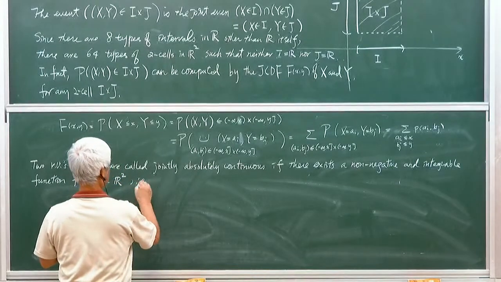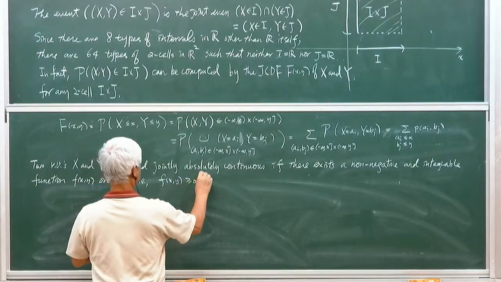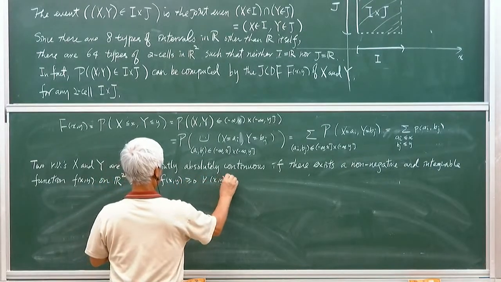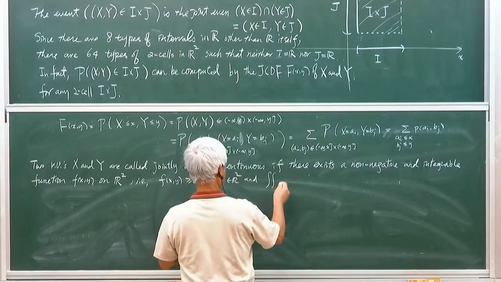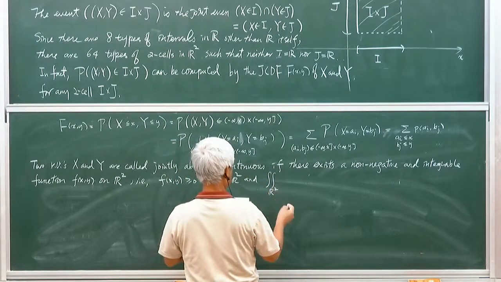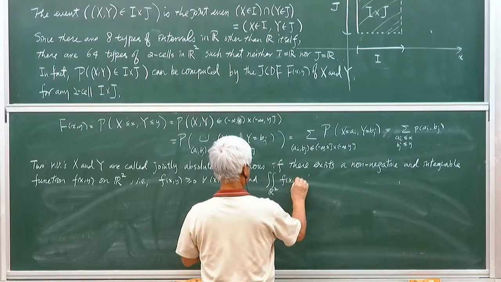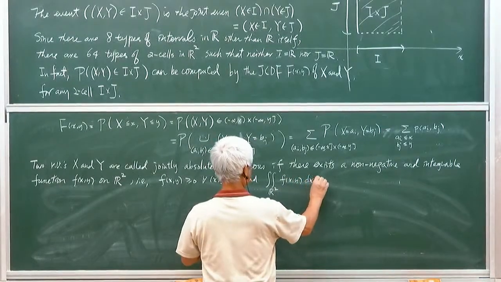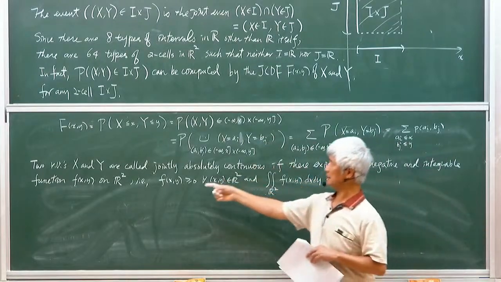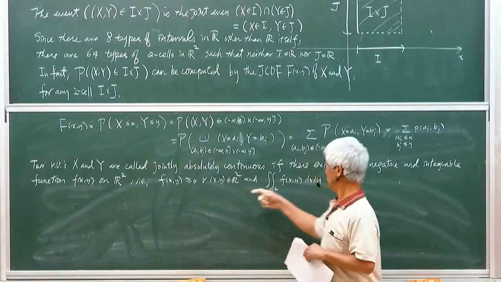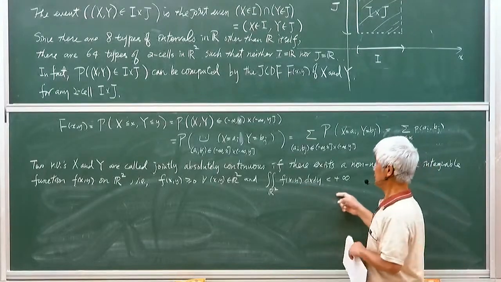I.e., non-negative means that f of x,y is greater than or equal to 0 for all x,y in R squared, and their double integral is finite. So this means the function f of x,y is non-negative and integrable.